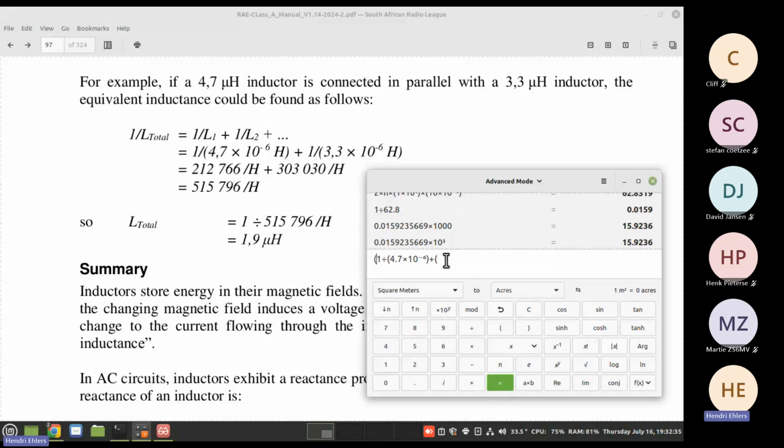Then we say, that one must be there. This one must be out. And this one must be 1 divided by 3.3 times 10 to the minus 6.